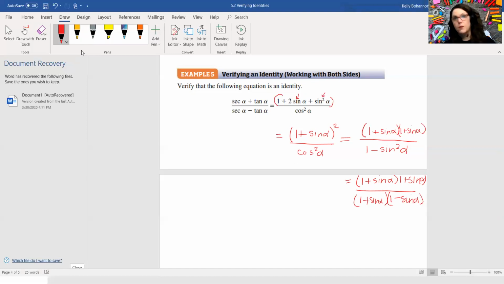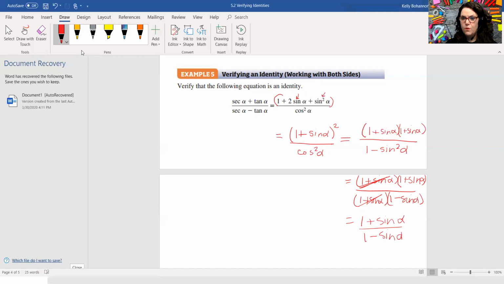You're going to do it probably several times in these activities. Now, I see that I have one of these that can cancel and one of these that can cancel. And that leaves me with 1 plus sine alpha over 1 minus sine alpha.